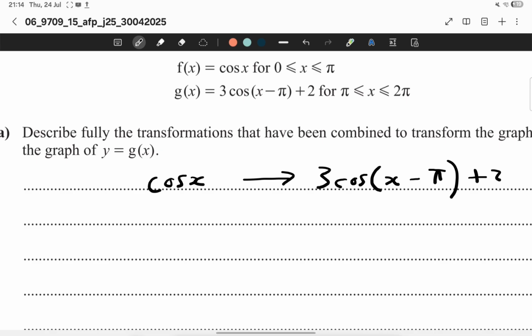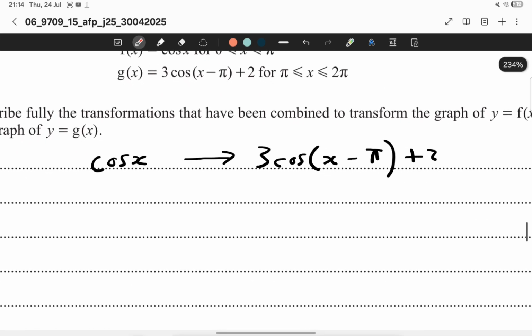And like I've said before, with these types of questions, we start with the transformations that are closest to x. So we're working from inside going out.